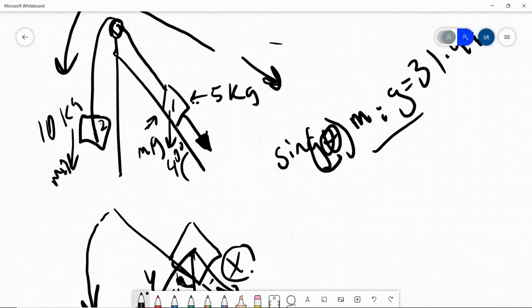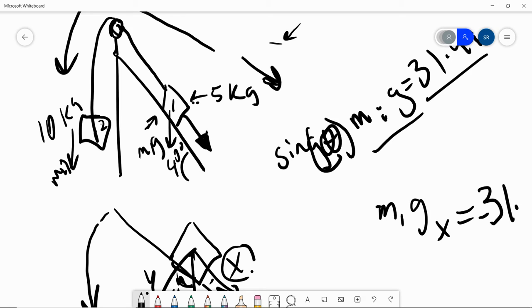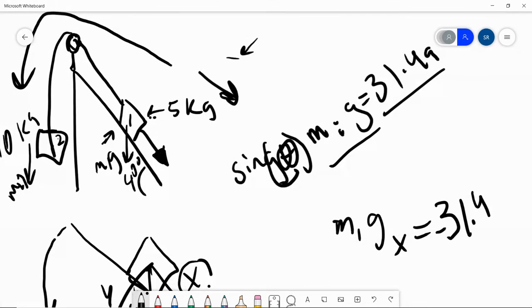So in this case, I could assume that this is the magnitude, and then I'm going to apply my vector sign, which is negative. This force, I'm going to call it the force of M1 with gravity x vector: negative 31.49. And the units on that would be newtons.